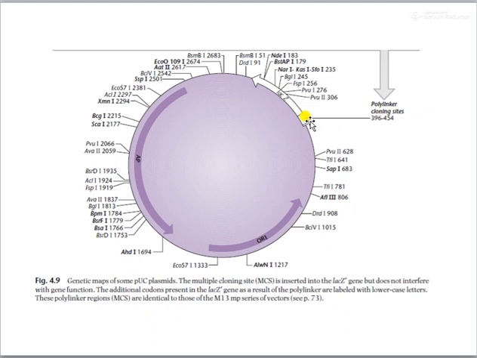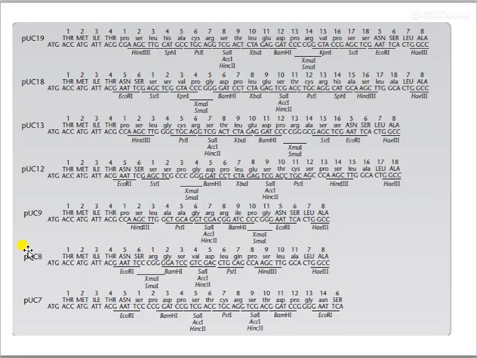There is also a polylinker cloning site here. And there are different versions of pUC itself depending upon the sequence variations. Which version you want to take for your work is your choice.